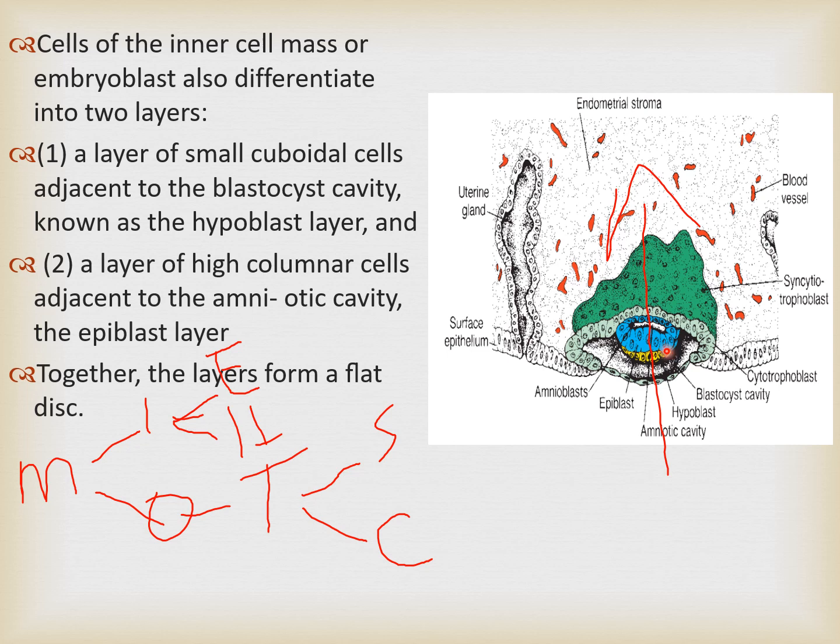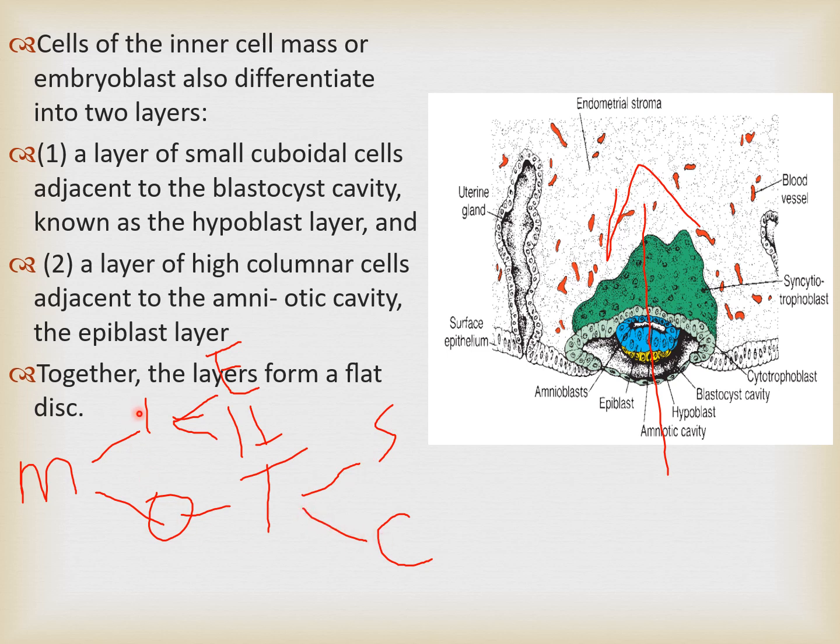Now here you can see that we have seen that morula divides into inner cell mass and outer cell mass. The outer cell mass further forms the trophoblast. The trophoblast is further divided into syncytial trophoblast and cytotrophoblast.